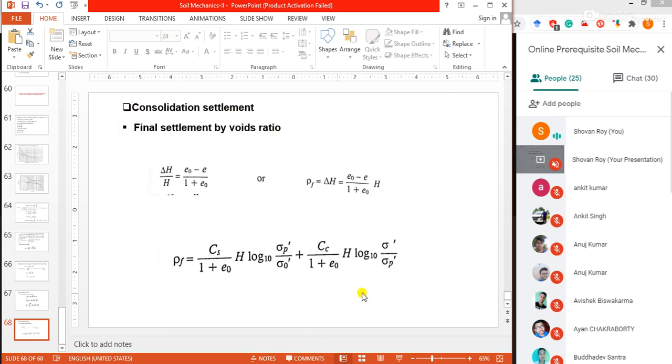Then you can understand the use of this rho f, the final settlement. How can we use this final settlement?